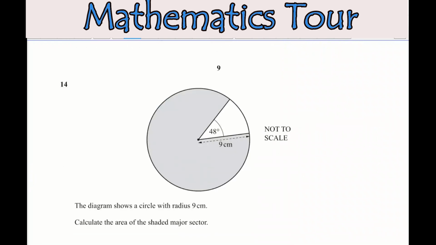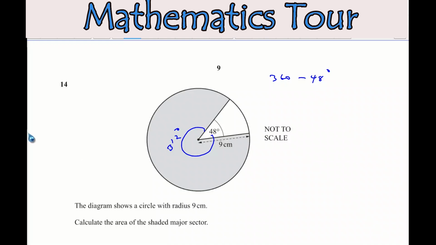Let's go to the next question. That is question 14. The diagram shows a circle with radius 9 centimeters. Calculate the area of the shaded major sector. So we need this reflex angle, and that will be 360 minus 48 degrees. So that will be 312 degrees.